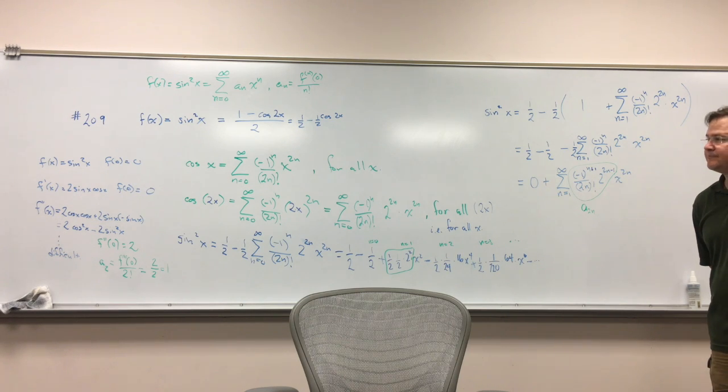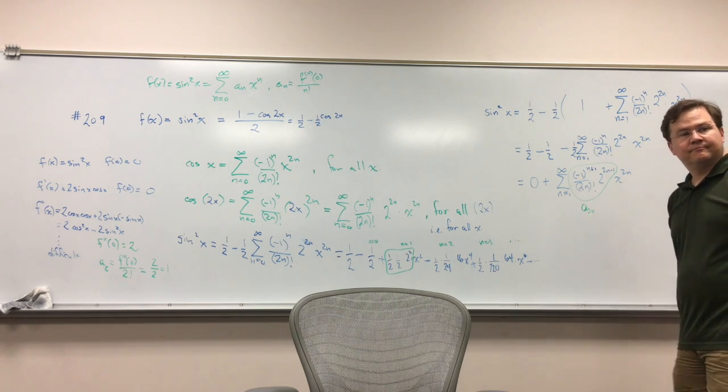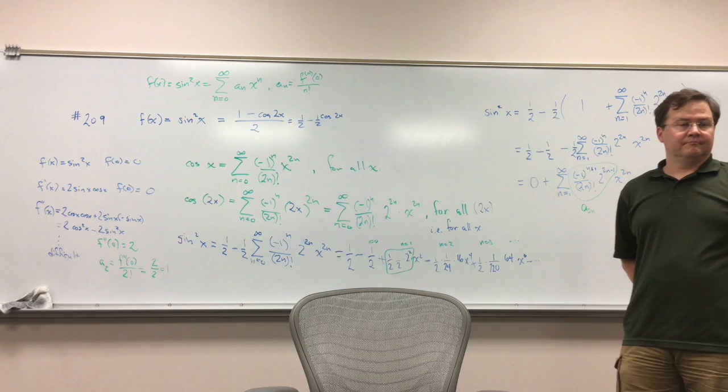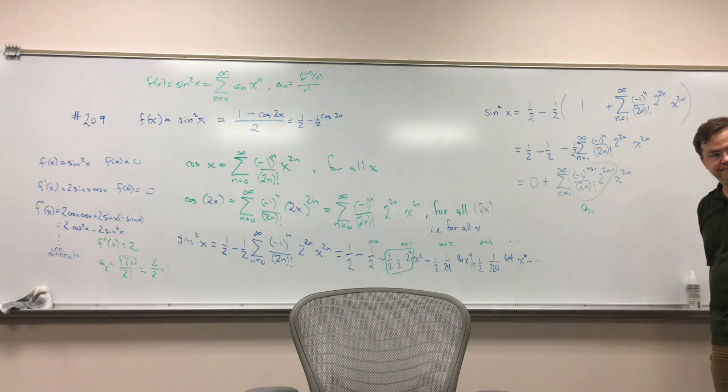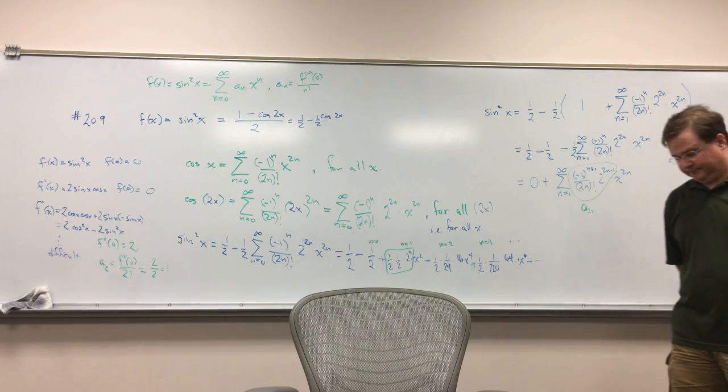Okay, let's bring it back a little bit. So if I have a function, such as sine squared x, I plug in any random value, and the calculator will give me the answer to that.